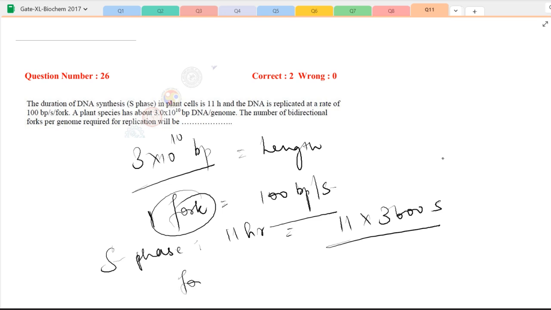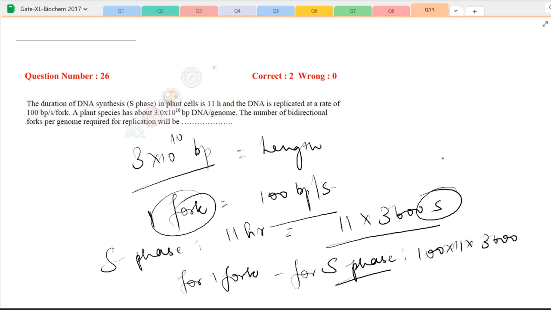For one fork, for the entire S phase, that will be 100 × 11 × 3600, right? So totally you have these many seconds, and for 1 second, one fork can replicate 100 base pairs. So for the entire S phase, one fork will replicate 100 × 11 × 3600 base pairs.